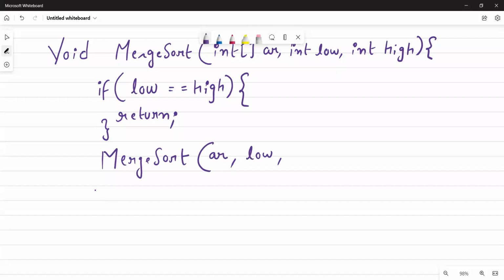Low will be the same for the first part, but its high will now change to mid. int mid equals low plus high divided by 2. Clear? So up to where should I continue my first part of the array during the merge sort? Up to mid.